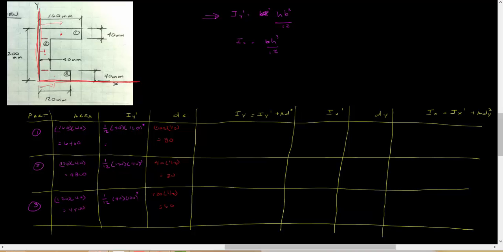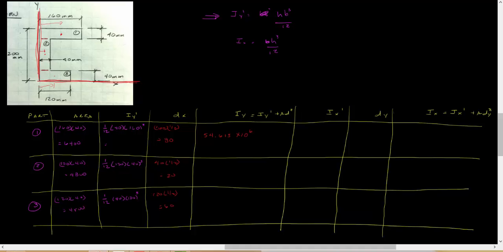Now IY is equal to IY prime plus AD squared. So now this is purely calculator. I take 1/12 times 40 times 160 cubed, plus 6,400 times 80 squared, and I came up with 54.613 times 10 to the 6th.